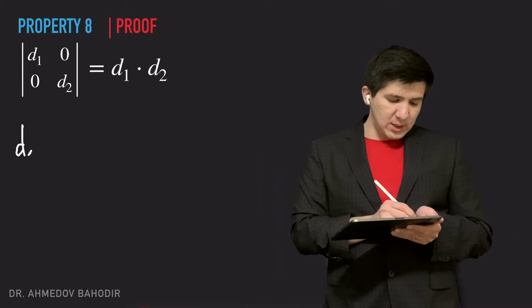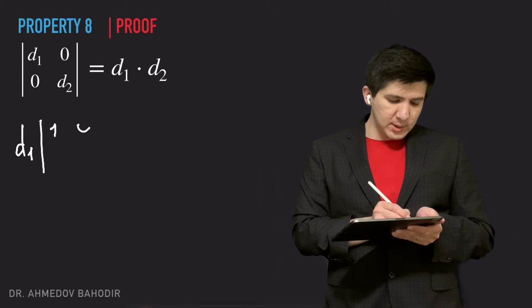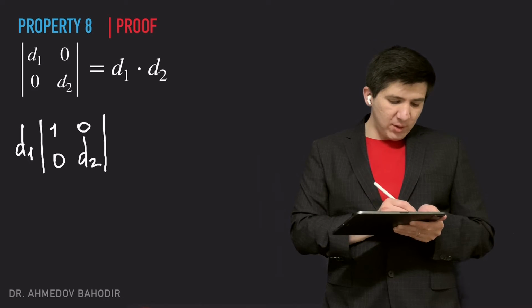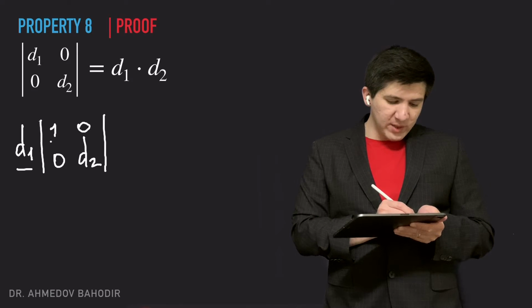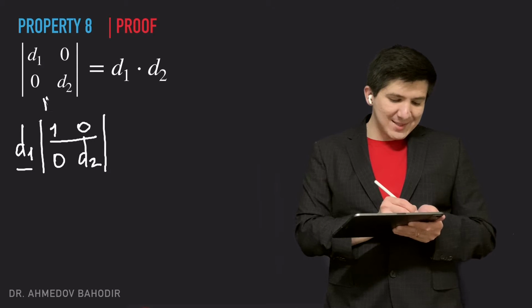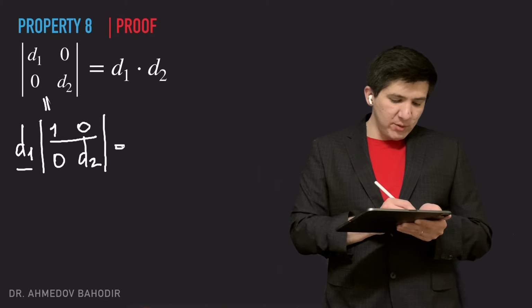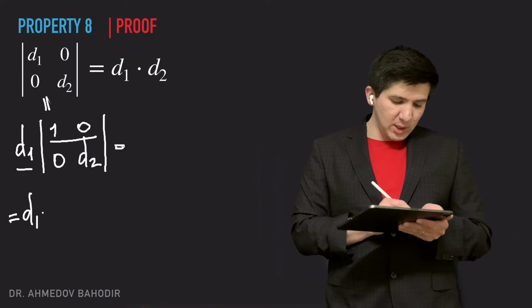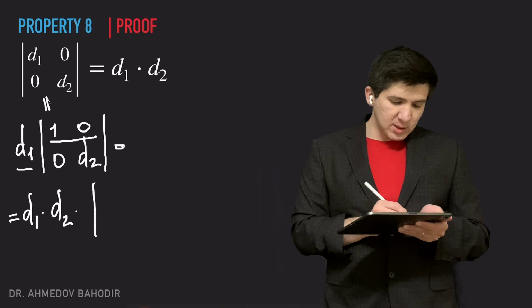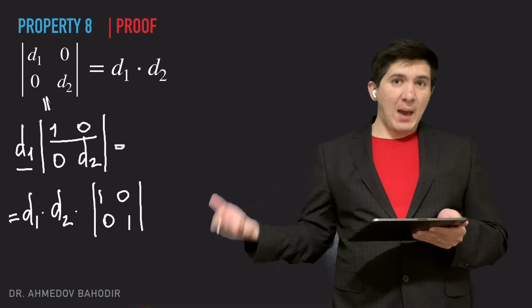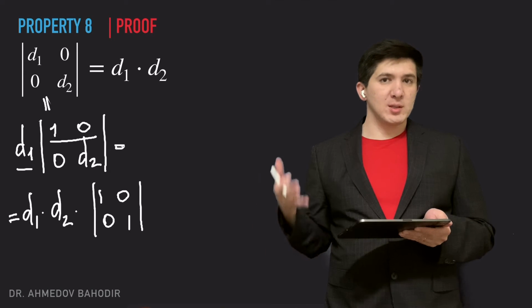So I can write it as D1 times the matrix 1, 0, 0, D2, right? If you multiply D1 to all of the entries on the first row, you're going to get exactly this determinant. Now I'm going to take out D2 from the second row. It's going to be D1 times D2 times the matrix 1, 0, 0, 1, right? All of this happens because of property number 3.